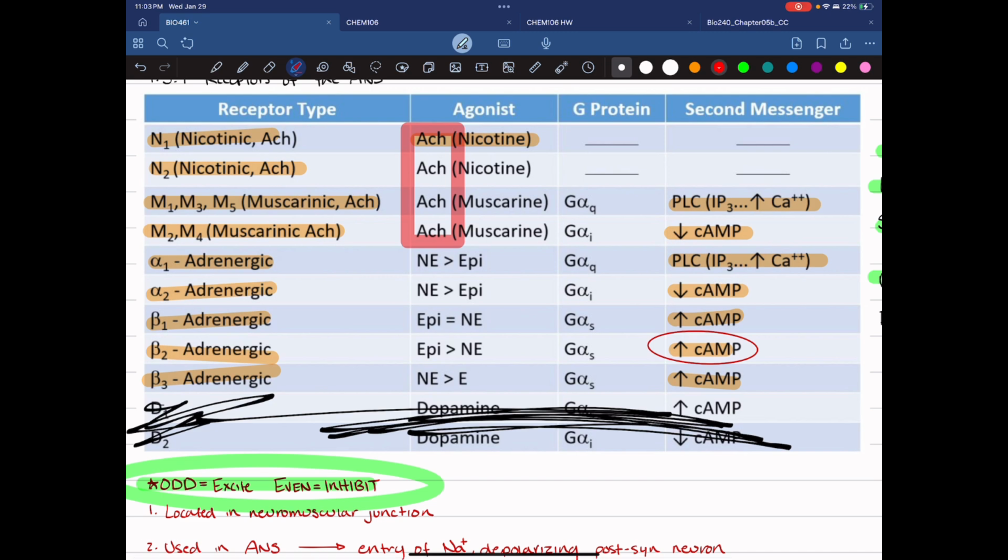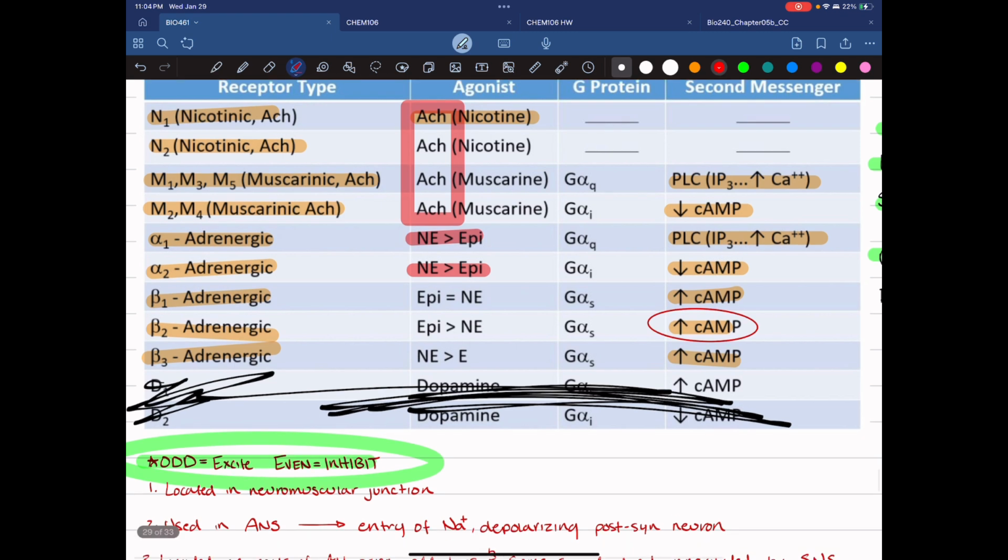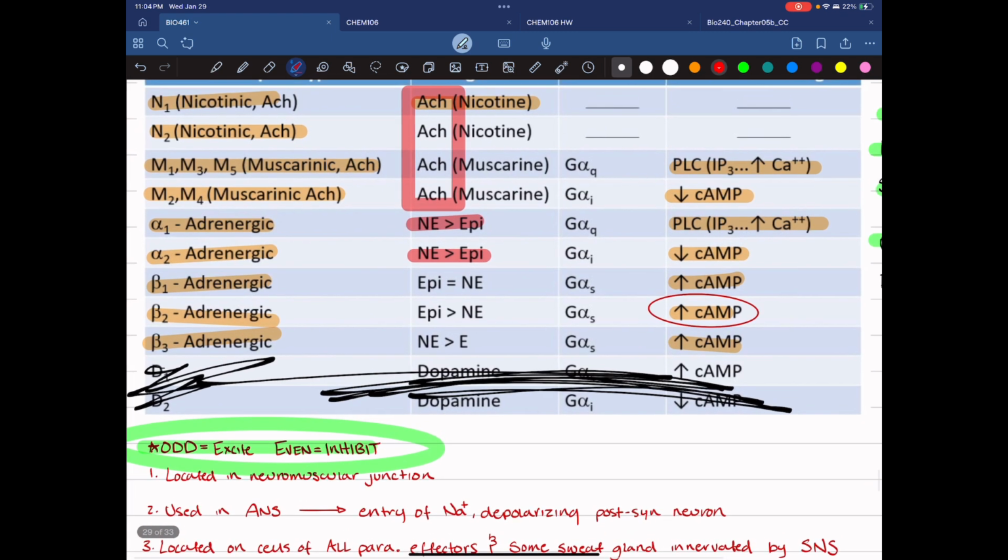Both of our alpha receptors are going to prefer norepinephrine, whereas it changes in our beta, and beta 1 has no preference. It can use both or prefers both. And then beta 2 prefers our epinephrine, whereas beta 3 is going to prefer norepinephrine over epinephrine.